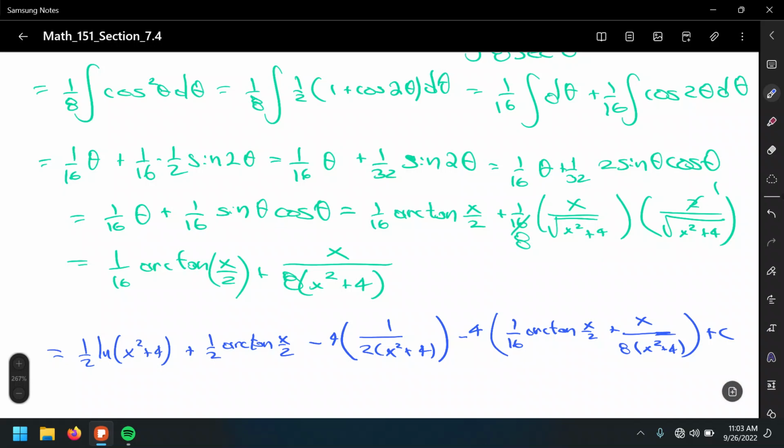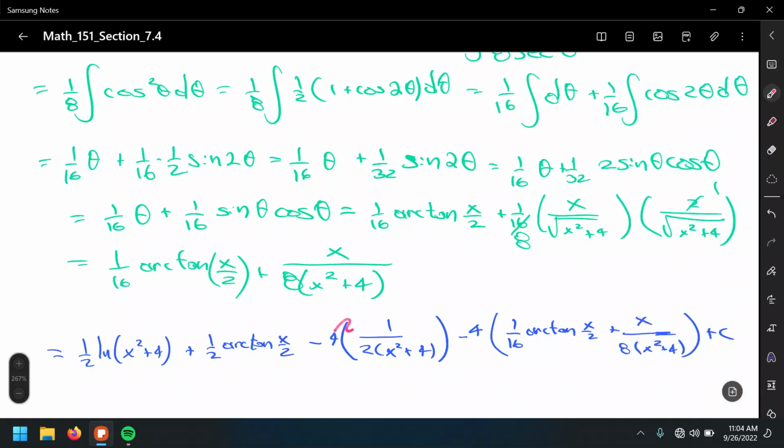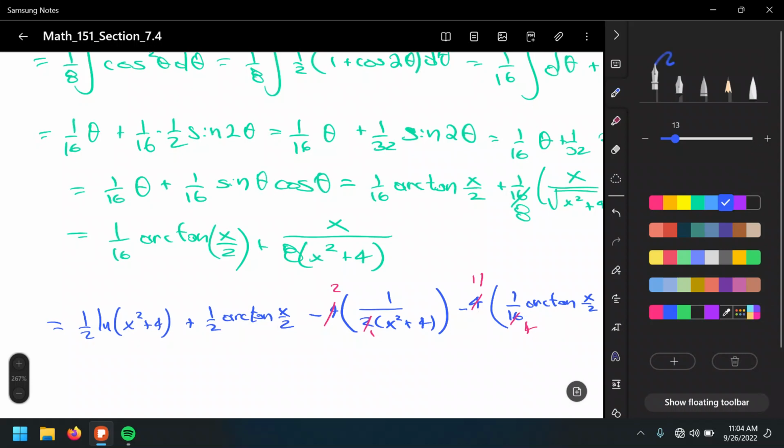So the remaining part of this problem is just to combine like terms. In this case, we will reduce any constants here. For example, this -4 reduces with a 2, leaving us with a 2 and a 1. And over here, this 4/16 reduces to leave us with a 1 and a 4, and same over here, another 1 and a 2. So let's put them together.